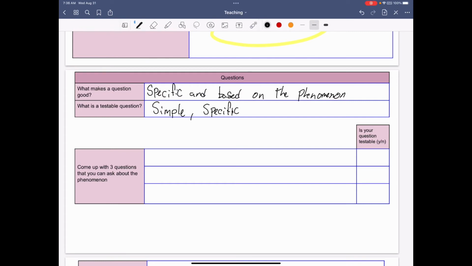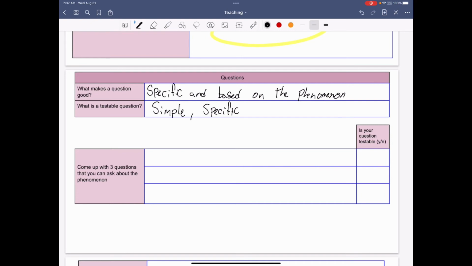So, for example, with the frog illusion, a question that wouldn't be considered testable is how does our brain perceive vision in the first place? Okay, that's important for this, but it's a bit too broad and out of the topic of the phenomenon that we're looking for.